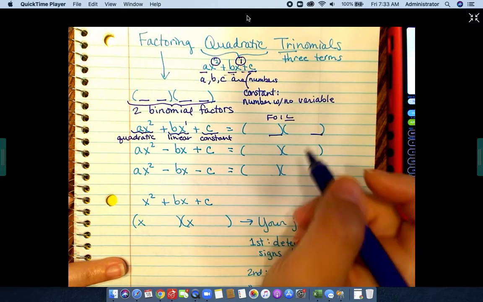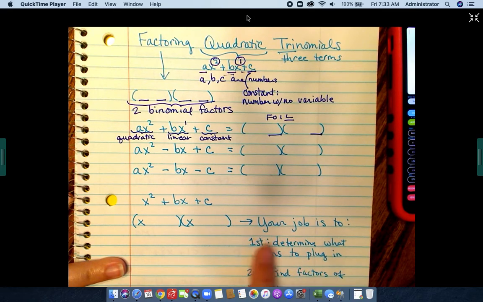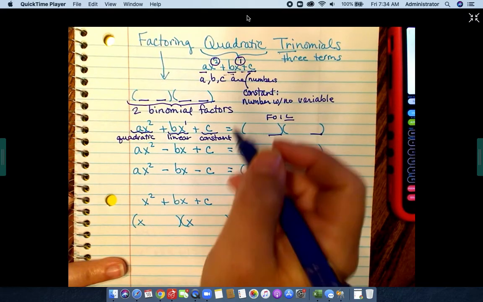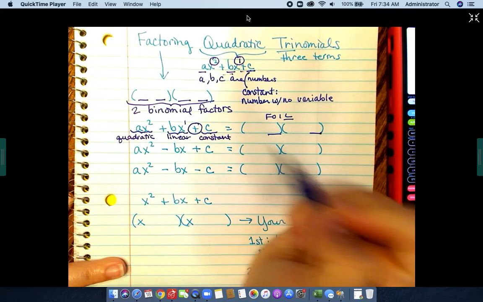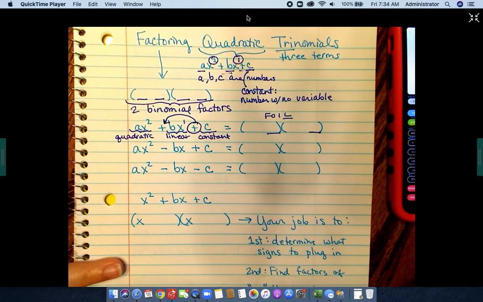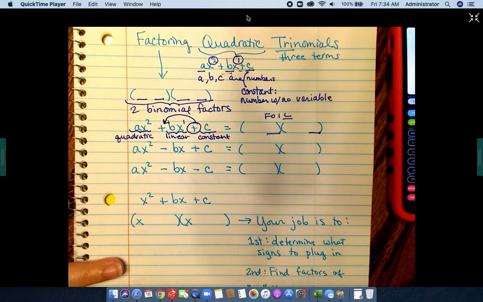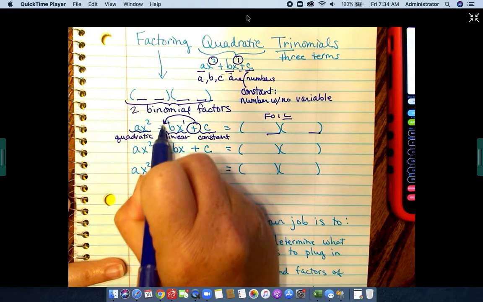When we are factoring, we have to put in signs first. So your job is to first determine what signs to plug in. This is how it works. If our constant term is positive, our signs will always be the sign of the linear term. So if my constant is positive, then I look to my linear term.